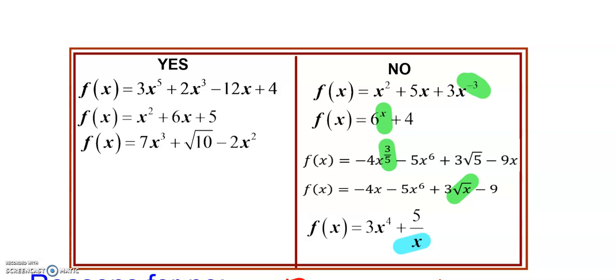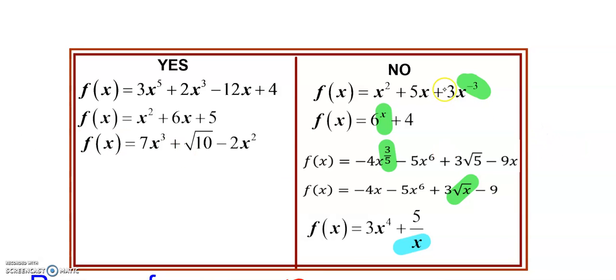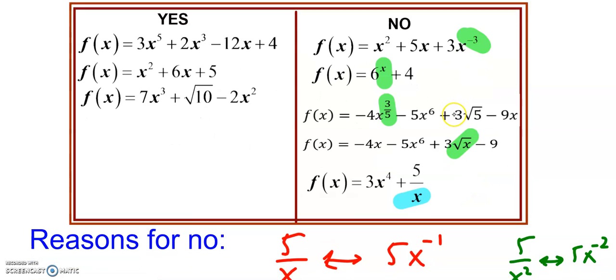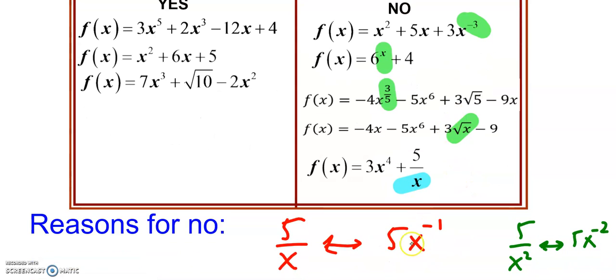And just to show you also up here where we had the 3x to the negative third, this is actually 3 over x to the third. So again, this part here you don't totally need to know right now if you don't remember that or haven't seen it before, but what you do need to know in terms of polynomials is if there is a variable in the denominator, that is not a polynomial.